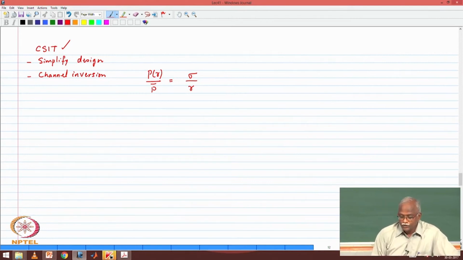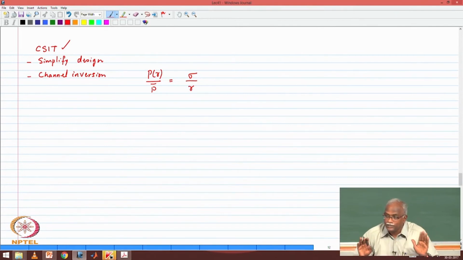Now multiply the power allocation with the SNR, what do you get? Sigma. So under all conditions, what is the SNR? Sigma. When you have only one SNR, how many encoders and decoders do you need? Only one.